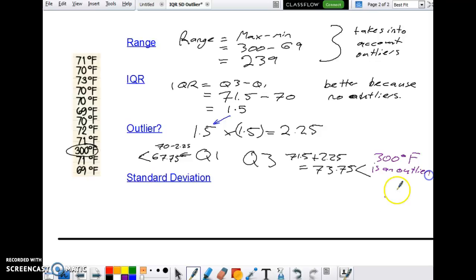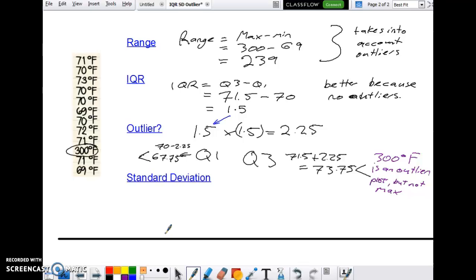And here's the thing with outliers, they don't go on box plots. Well, actually, I lied. You plot them, but they're not the maximum. So you put the point down, but you don't actually make the whisker go all the way out. We're going to draw that down the bottom. Last thing, standard deviation.